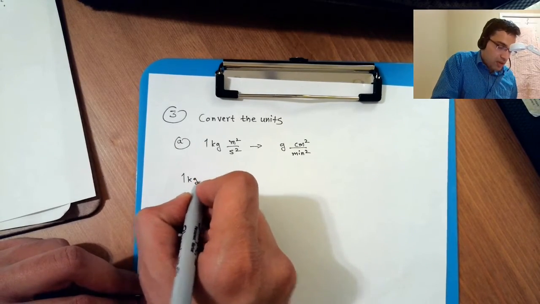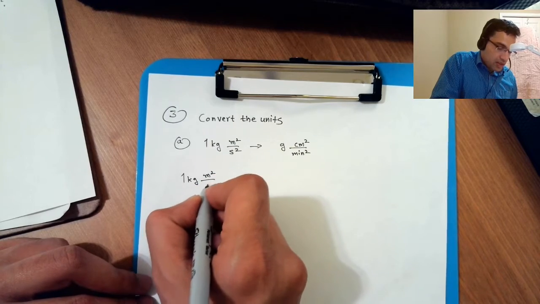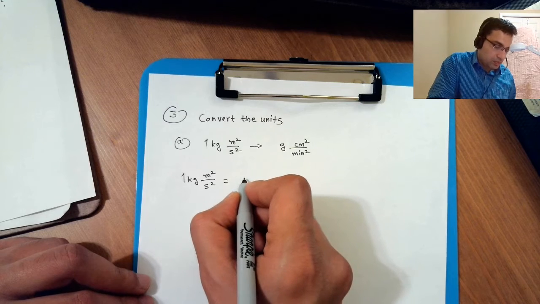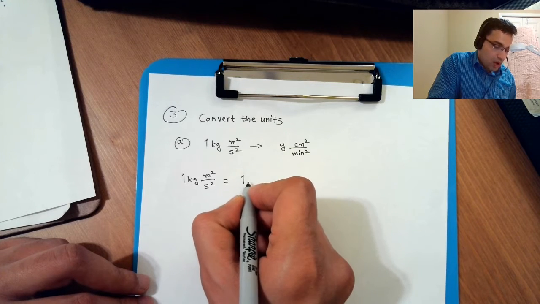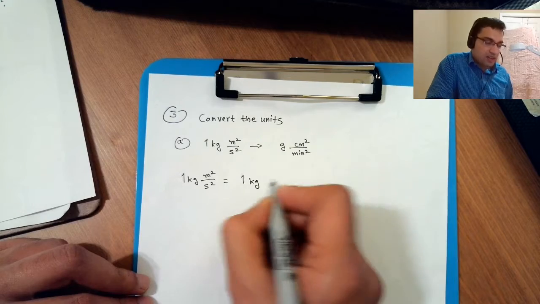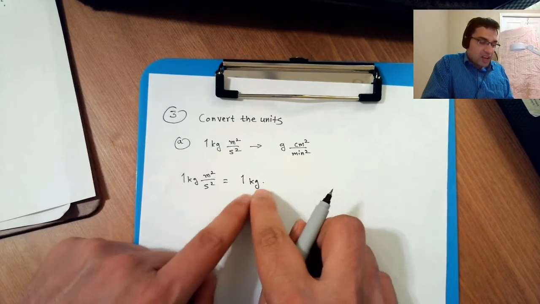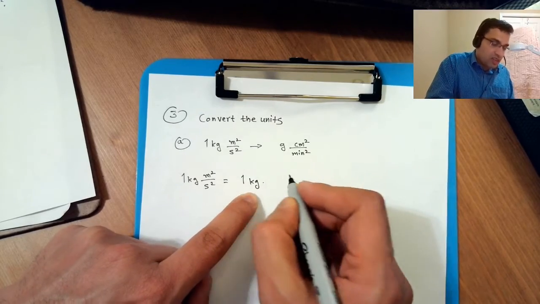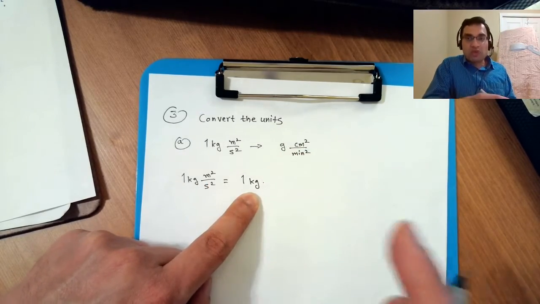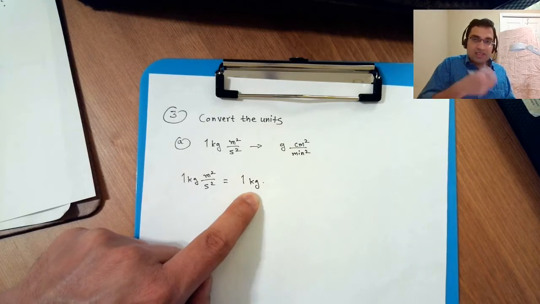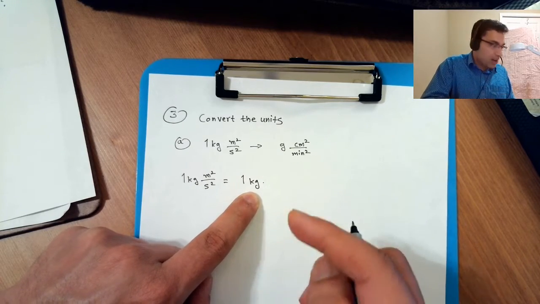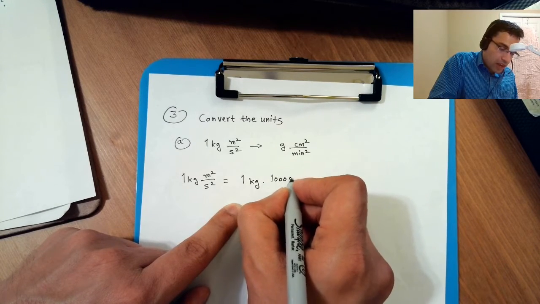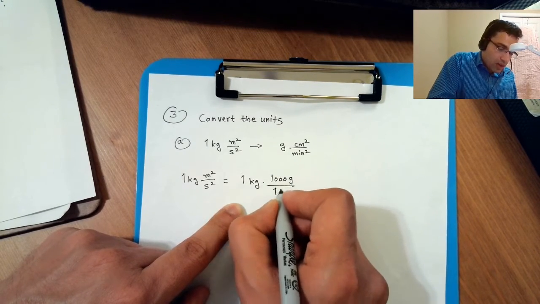1 kilogram meter square per second square equals 1 kilogram. Now I'm going to write these conversion factors next to their own unit just so that it's easy to read. Okay, so kilogram, the conversion factor you need is kilogram to gram. So you need to divide by some kilogram and multiply by gram. So it's going to be 1,000 gram divided by 1 kilogram.